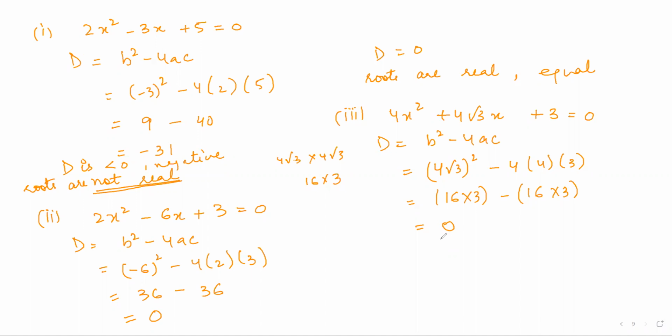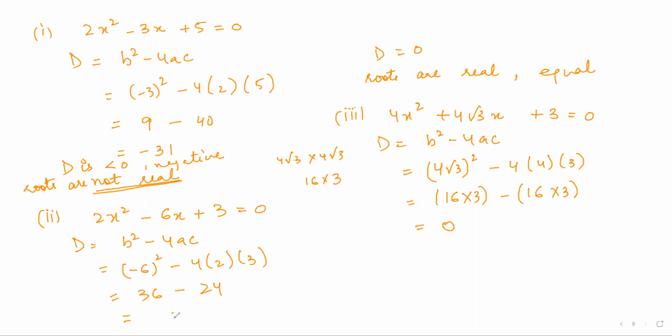The equation was 2x square minus 6x plus 3, right? Okay, that is fine. Some mistake I'm doing. It was not 36 here. See, 4 into 2 is 8, 8 into 3 is 24, isn't it, Arshia? Sorry, I wrote 36. So 36 minus 24, how much?